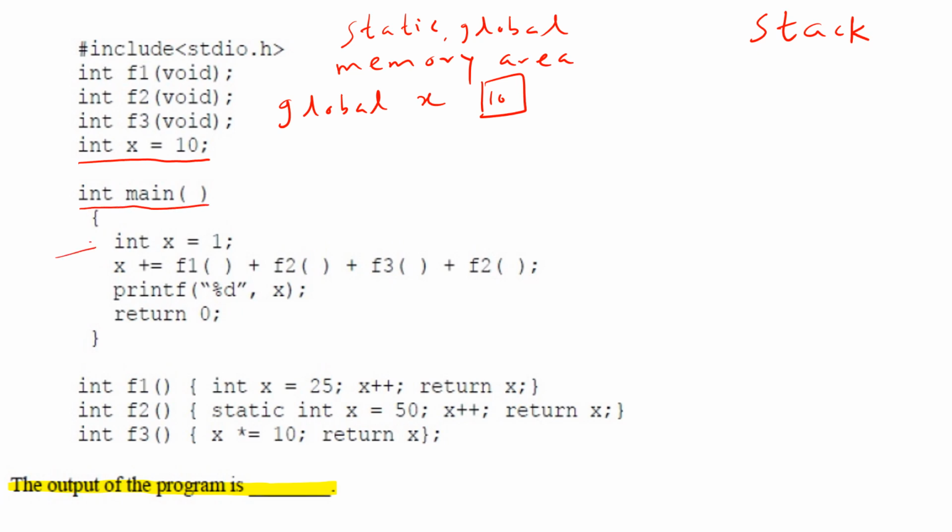So we declare a variable x in main with value 1. So we have main's x with value 1. Now this is the statement which we are supposed to execute. So let me write this statement over here.